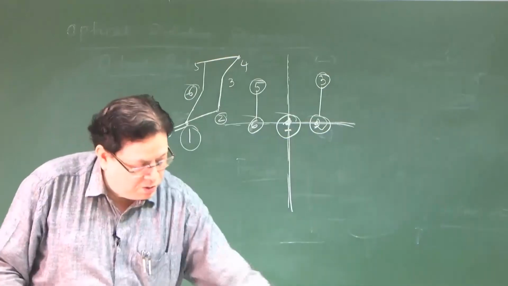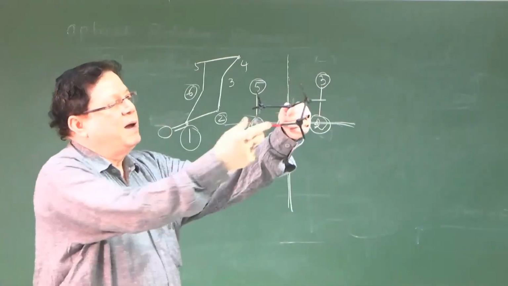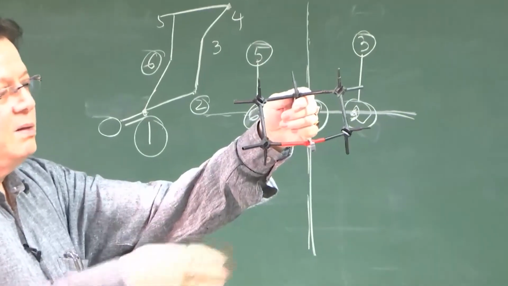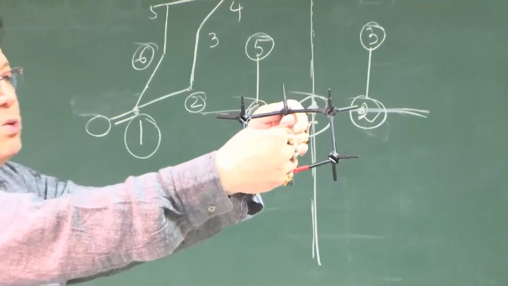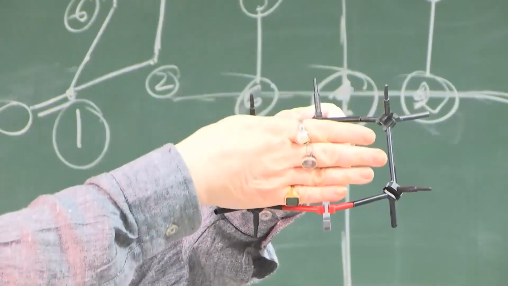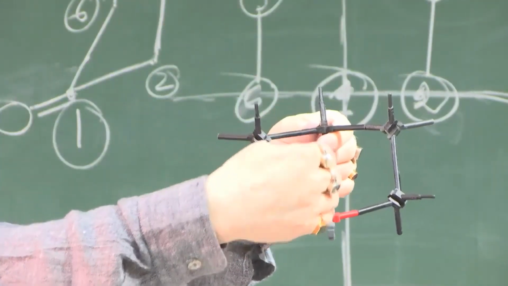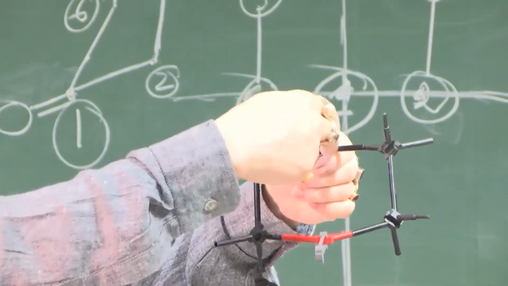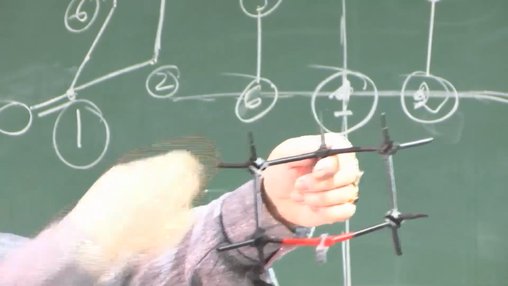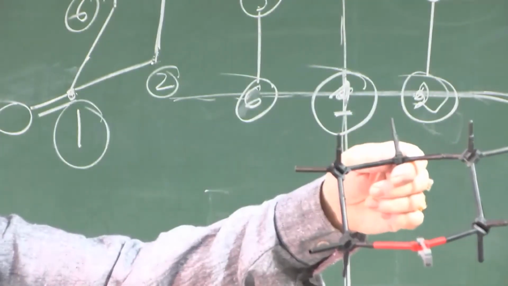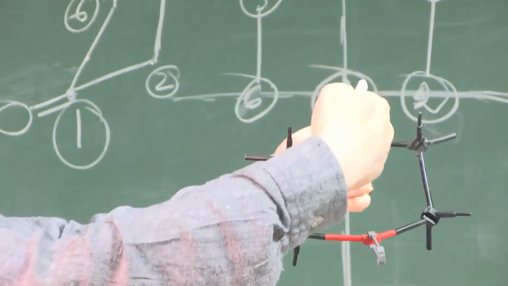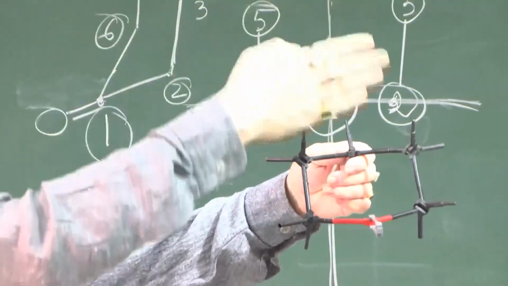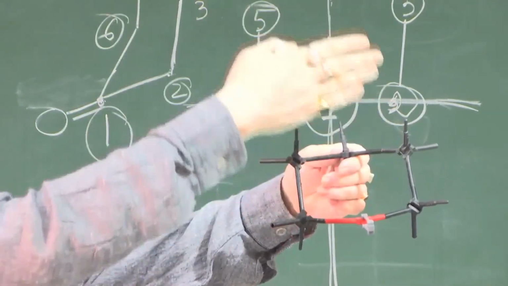Again I show you through the model. This is one plane, another plane is going through this, and the third plane is going like this. The second plane, like this, goes through C1 as well as C4 in the cyclohexanone. So, one plane is going through this, another plane through this, and another plane is like this.